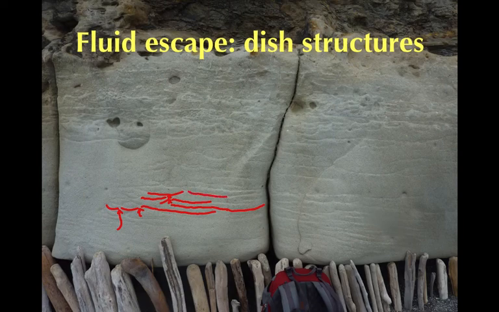And each one of these little upturned layers that is broken like that is termed a dish. And in places you can see some vertical pathways as well. These are called pillars.